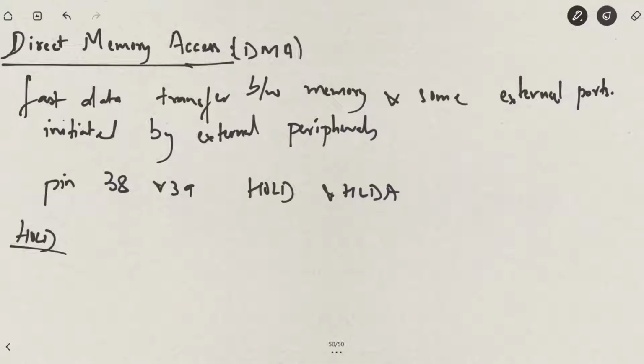As soon as the current machine cycle is over, the buses are relinquished to the external device for use.